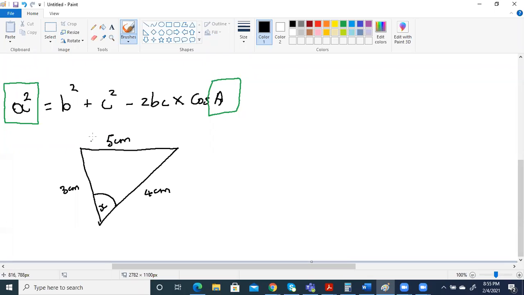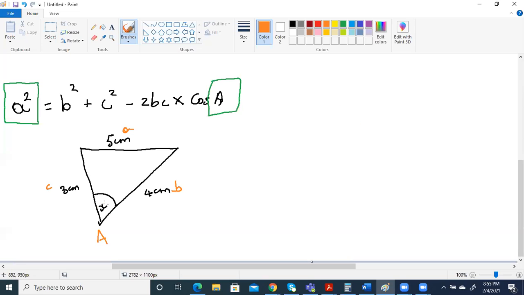We can call this big A, and it's important for us to identify that angle because then this becomes a small a. So we know that we have that small a there and that big A to go in the cosine right here. And then we can call any of these anything. They don't matter because they don't have any angles with them, so it doesn't matter what we call them, all right?